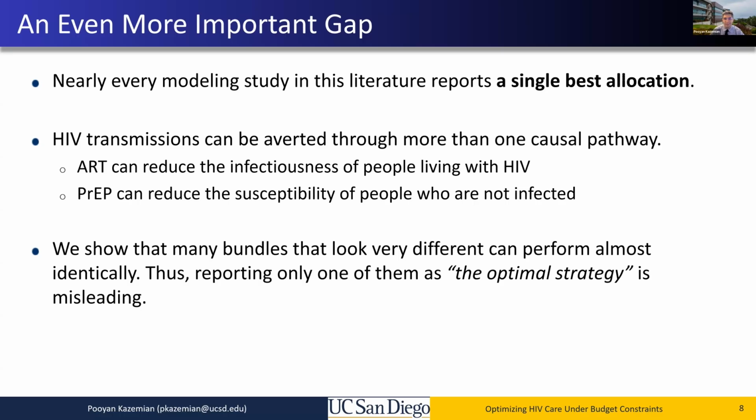Also, projected outcomes carry stochastic and parameter uncertainty, and therefore, two bundles whose projected transmissions differ by, let's say, less than 1% are not clinically distinguishable, and declaring one of them as the answer draws a distinction that the model cannot support.